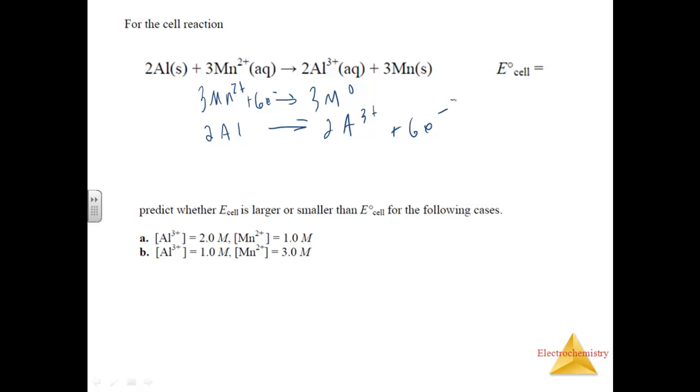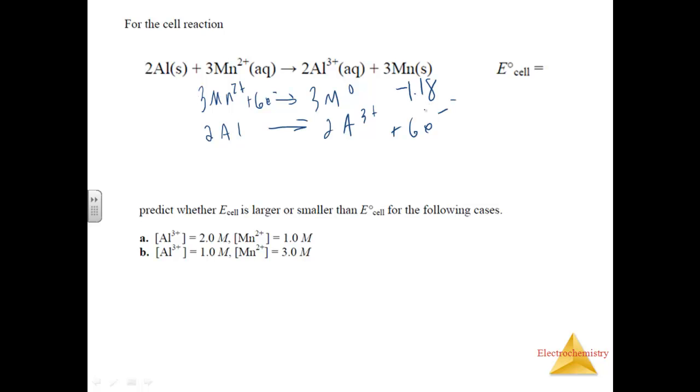Now, if I look at the standard reduction potential table, it says that the Mn 2 plus going to manganese is minus 1.18.